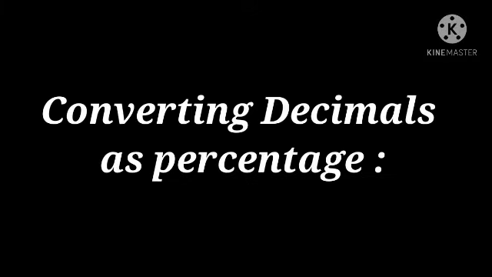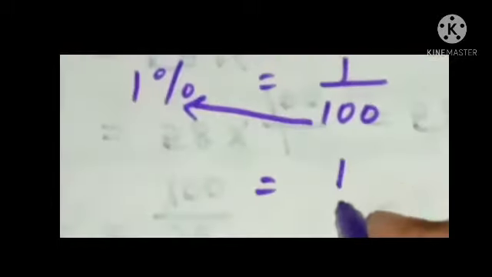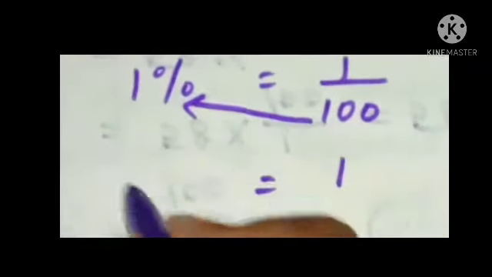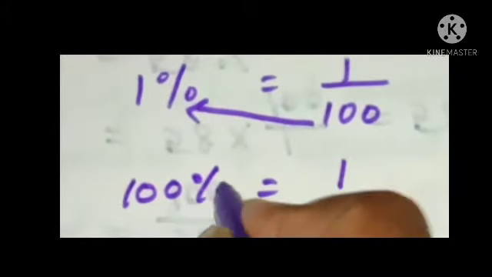Children, now let us see how to convert decimals to percentages. Converting decimals to percentages. Here we have to look at an important thing: 1% is equal to 1 by 100, isn't it? So when we move 100 to the other side, 1 into 100 becomes 100%.